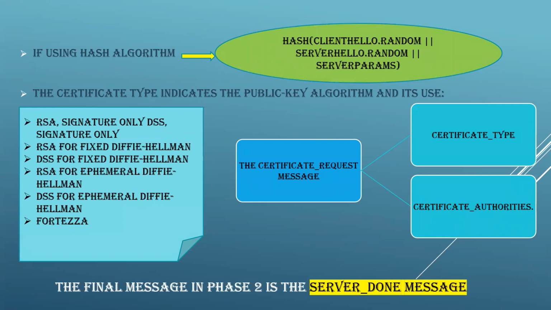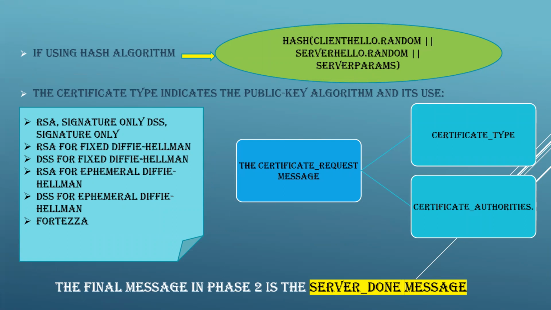Next, if you are using a hash algorithm for authentication, then this is how the algorithm works. The client sends a client hello with a random value to the server. The server hello message is also sent by the server. Then the server checks whether the RSA parameters, Diffie-Hellman parameters or signature parameters are available.